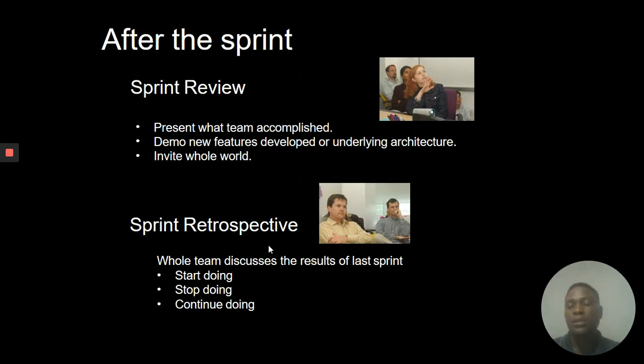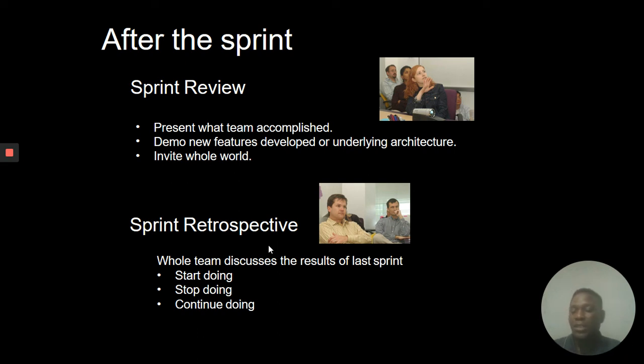So after a sprint, after 2 weeks has elapsed, 2 weeks or 4 weeks, depending on the organization, depending on how they plan their sprints, there's something called a sprint review and then a sprint retrospective. Under a sprint review, the team presents what they have accomplished, they demo new features developed or underlying architecture, and then they just allow people to see what they've done basically.